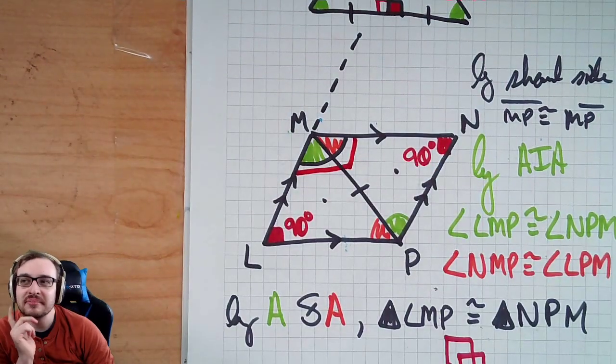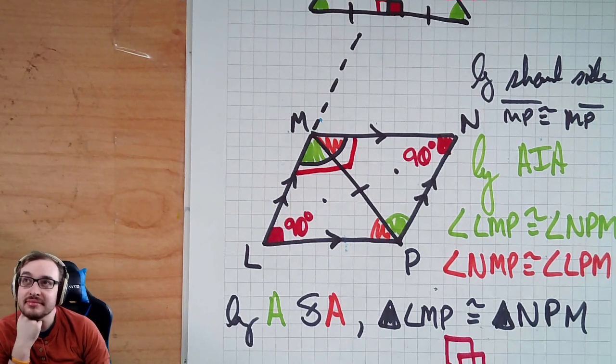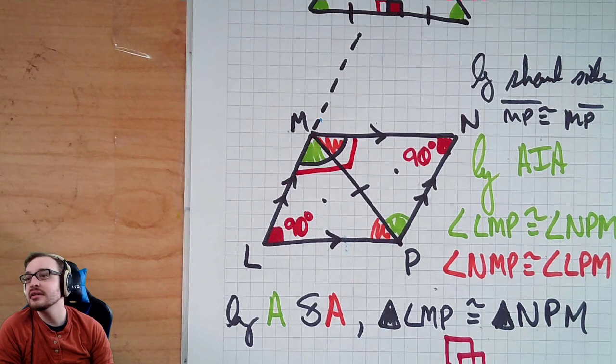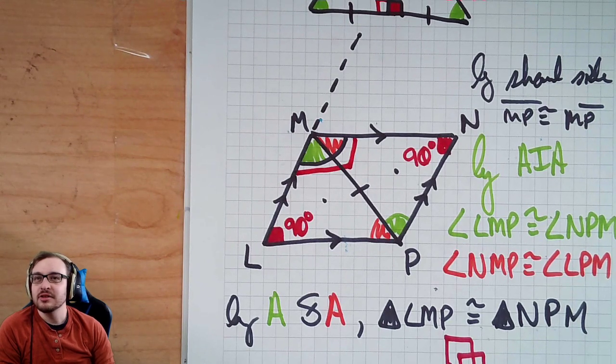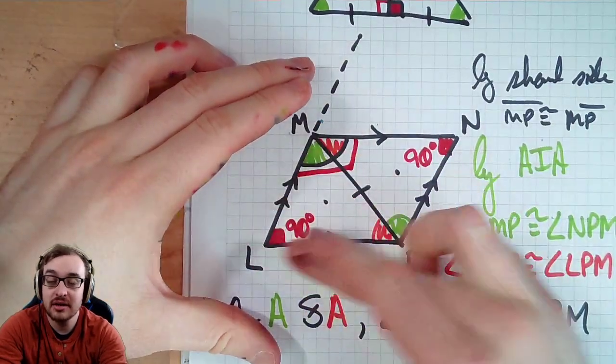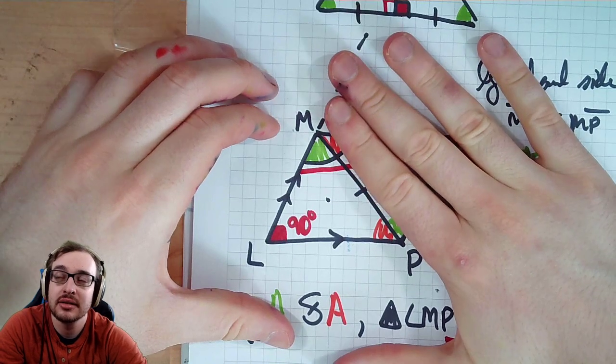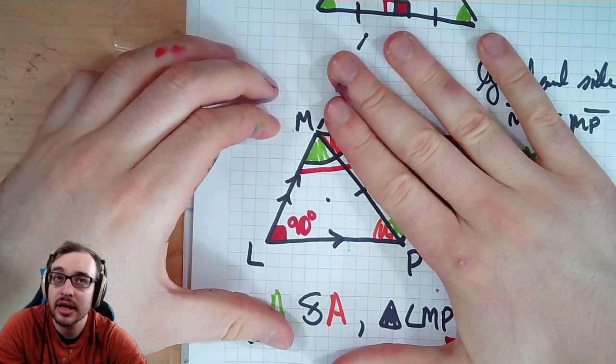And if you don't know, that's okay. This is advanced. This is stuff that we do later in class. But once you see it, it can really help you out. There's two ways to look at this problem. There's big picture, which is looking at it like a four-sided shape, and there's small picture, which is just looking at individual triangles.